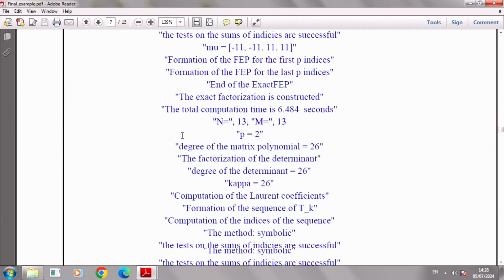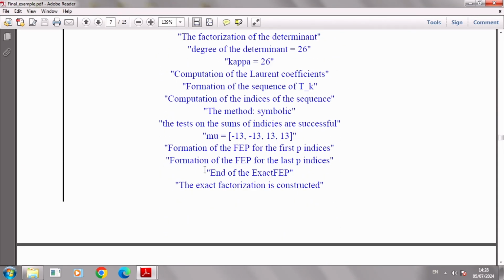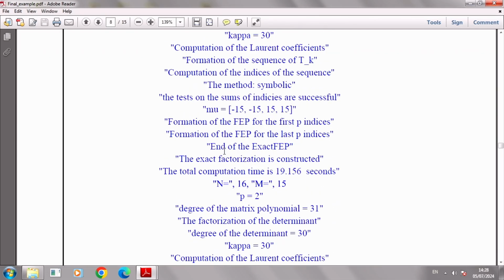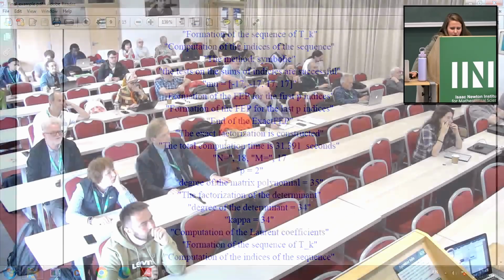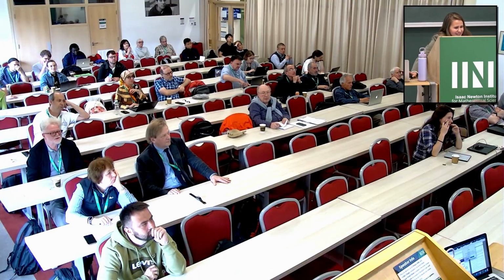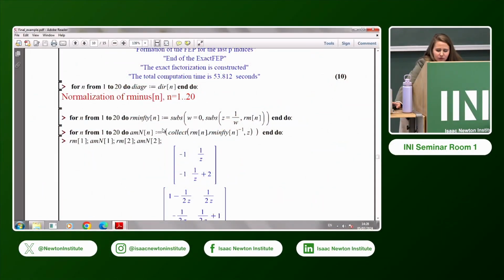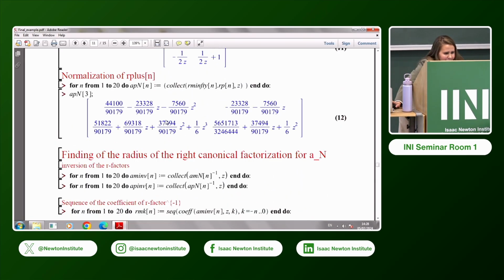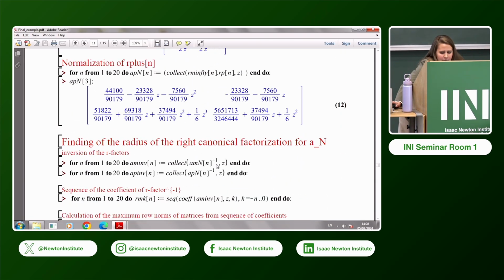I don't remember how much time, but quite a lot. Then we normalize the plus and minus factors, and here we find the radius of the canonical factorization.